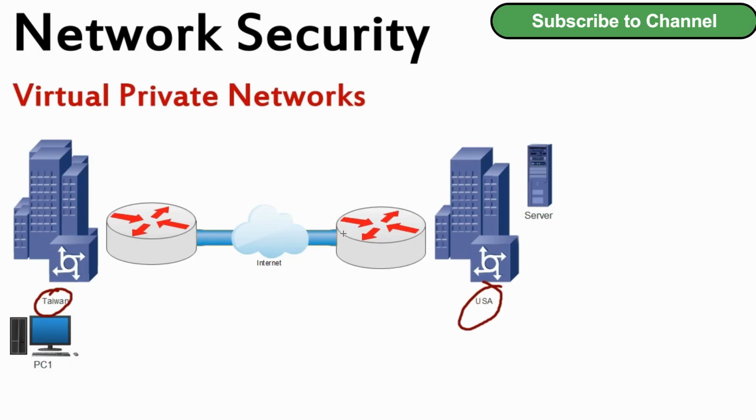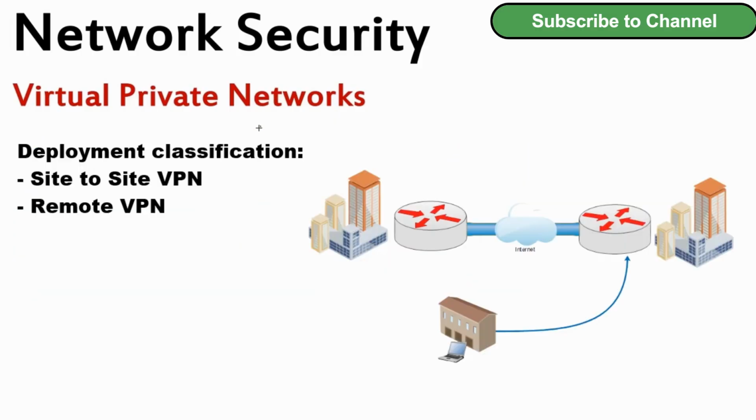Again, a virtual private network allows us to create a secure connection over a public network. That's the most common definition you can hear and see. We have two main types of VPNs.